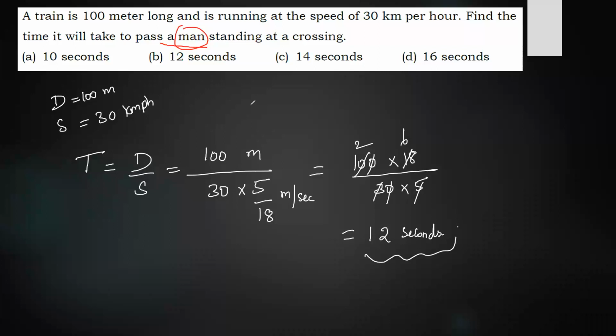So 100 meters into 18 by 30 into 5. Divide it, you will get 6, 2 times. The answer is 12 seconds. So clear? To cross a man, distance will be 0. Just add only the train length.